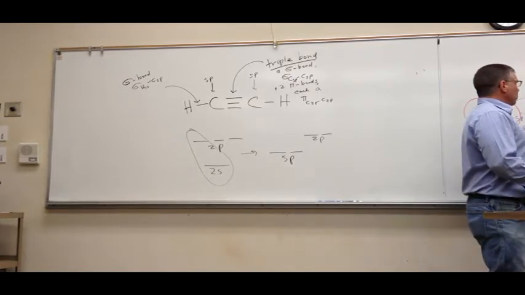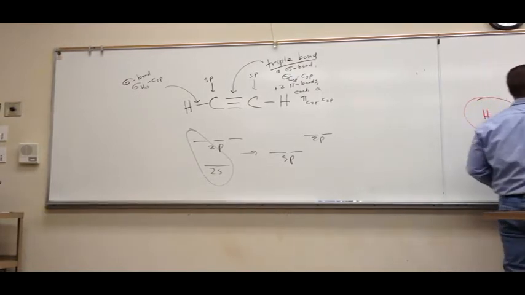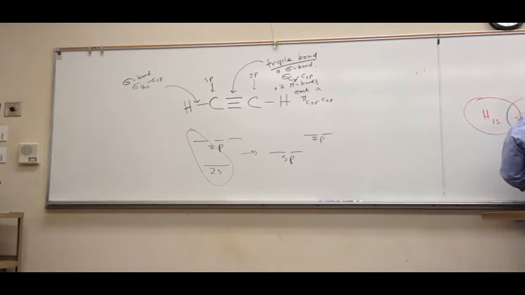One of them would be in the plane. So on this carbon, we have a 2p. On this carbon, we'd also have a 2p. Kind of see that? It overlaps sideways. Now that would be one of the pi bonds. Where do you think the other one is? It's 90 degrees.